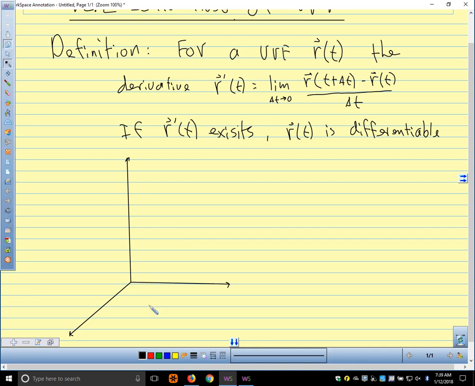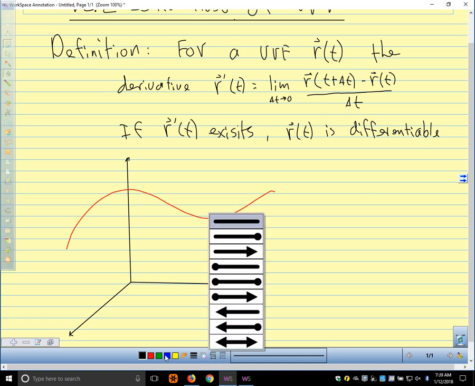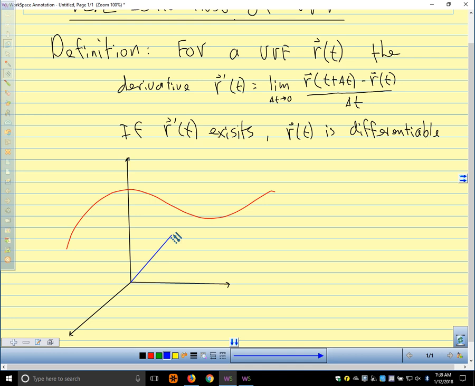So let's say I have a curve here, like so. And we're going to draw some vectors on. I'll put it there. It's easier to draw there. So there is r of t.